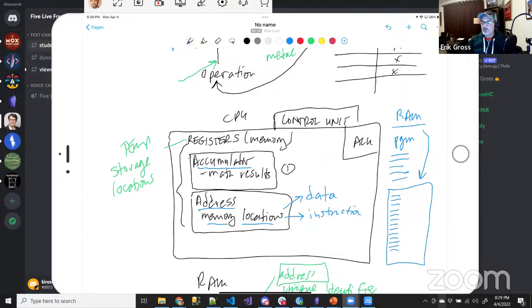Well, the CPU needs to know at any point in time, hey, I could be told to execute the next instruction at any moment. Where do I look to get that instruction? And what it does is it has in this address register an actual number, which is a specific location in memory where the next instruction will be found.